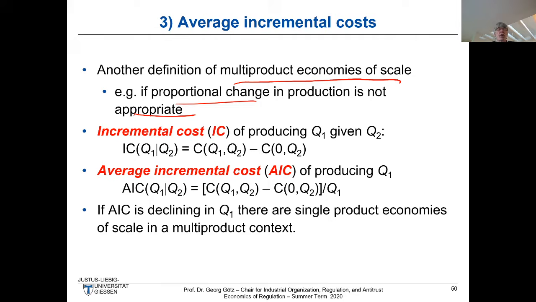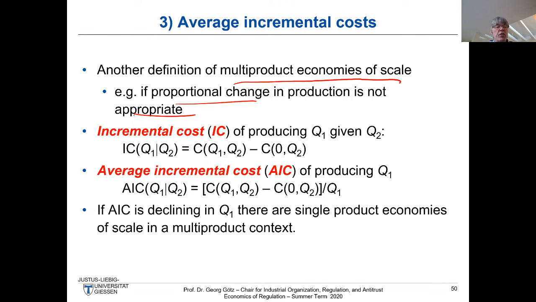The question is, if you have a convertible like the EOS, or a multivan like the Charan, and you don't produce a lot of them, and you have some product development cost, of course it's interesting to have an idea of the average cost and how it evolves over the output range for the single model which you produce.